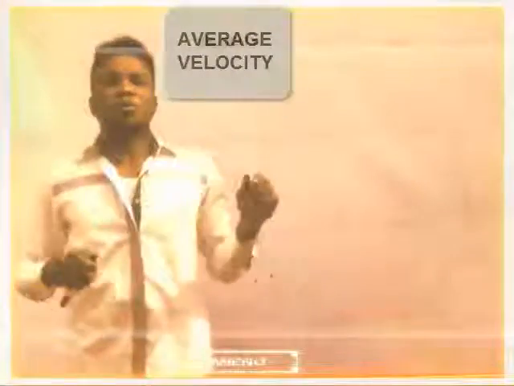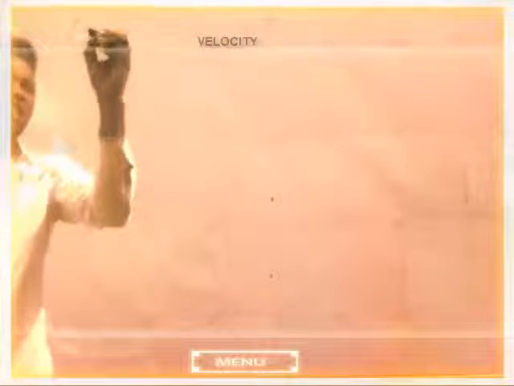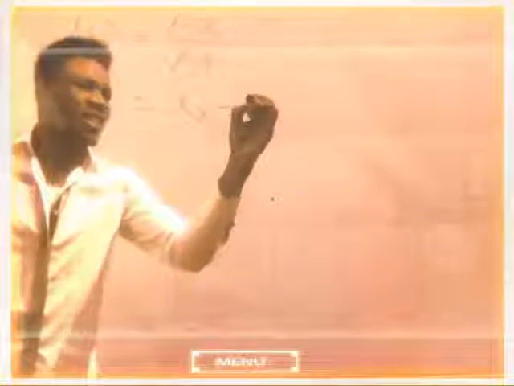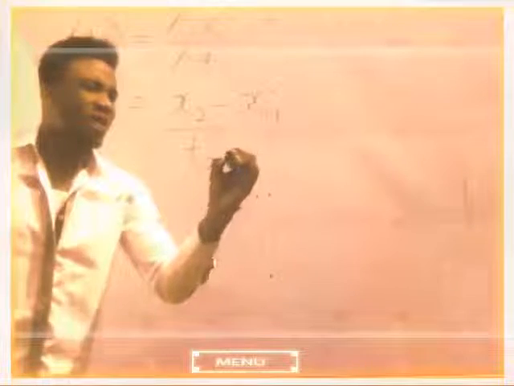Alright, so average velocity has 2 formulas. We're going to write it down. Average velocity is denoted with V in a bracket. Average velocity is equal to change in displacement over change in time, which can also be written as the final displacement minus the initial displacement divided by the final time minus the initial time.